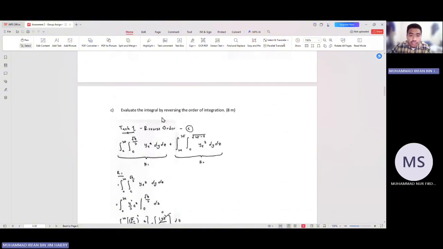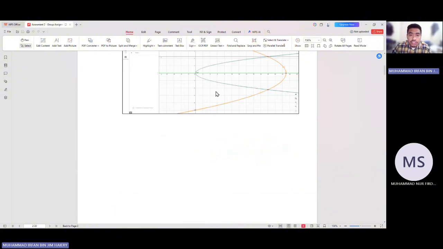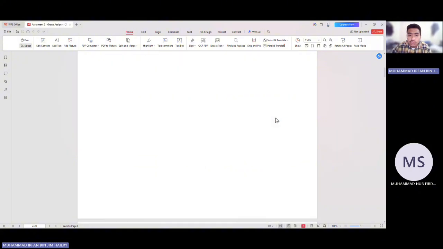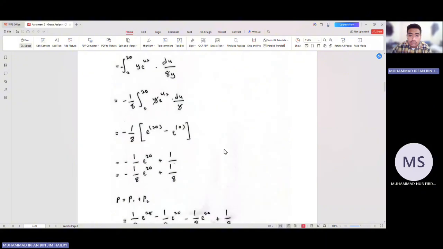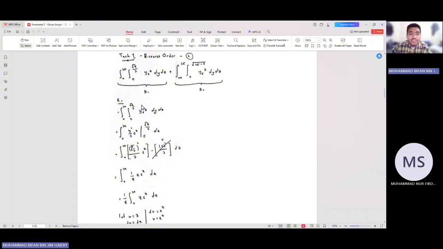But based on the graph, we should separate the region because we got the intersection here. So we got region 1 and region 2, and we get a different equation. This is region 1, this is region 2. The limits we should take from the graph.